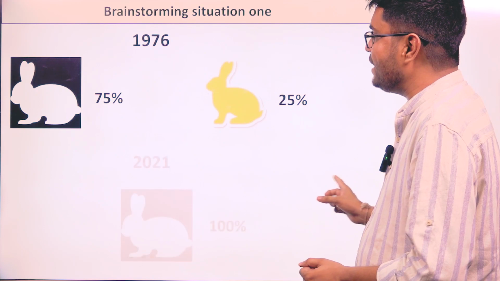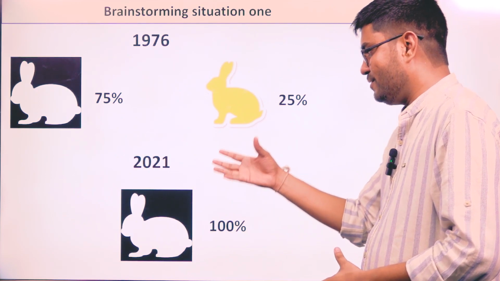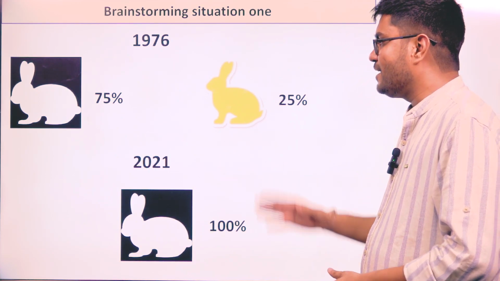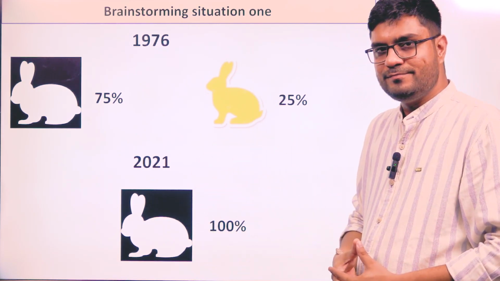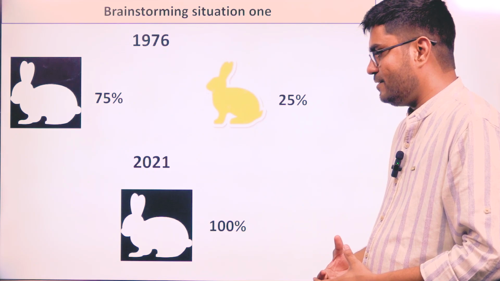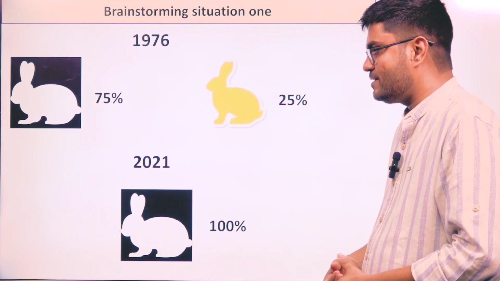I am doing the same experiment in 2021, and I am not getting any yellow rabbit. I am getting all rabbits with what? 100% rabbits have white skin color.